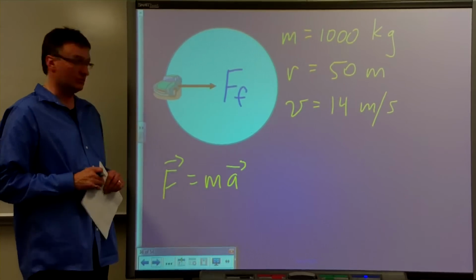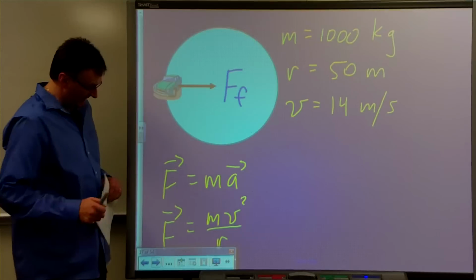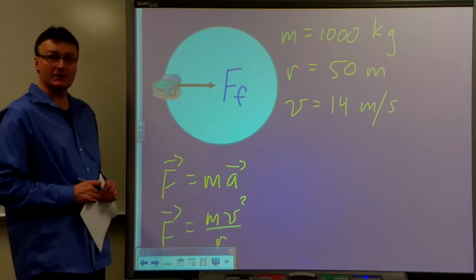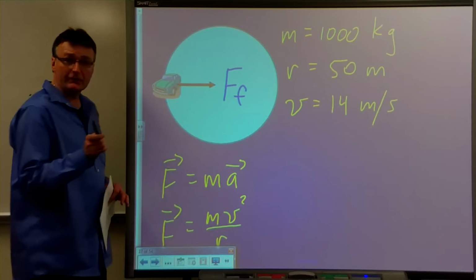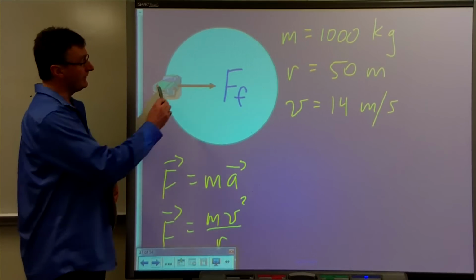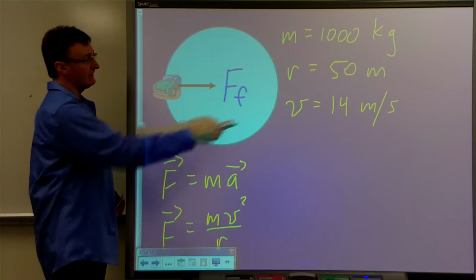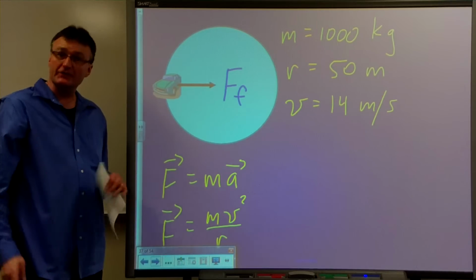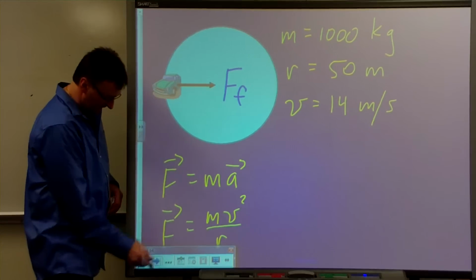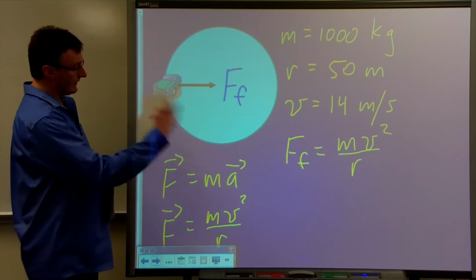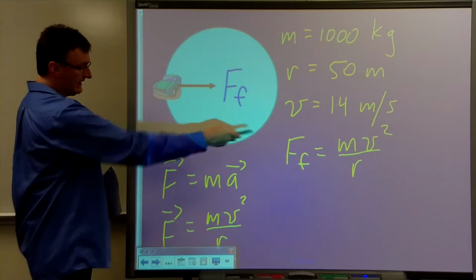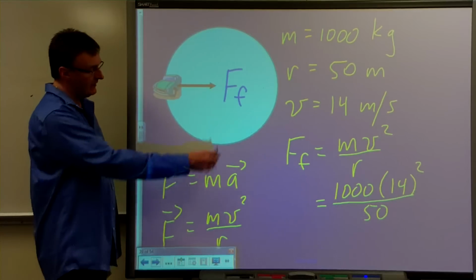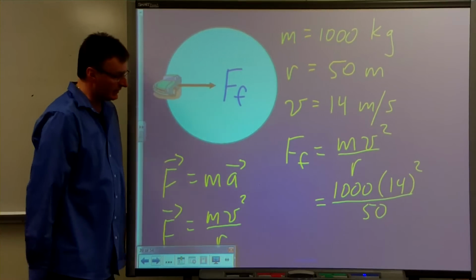And so now we'll go to F equals ma. And again, the force is mv squared over r. So what we'll do first is we'll calculate what force is required in order to keep it moving in that circle. And then we'll see if we have enough of a friction force in order to be able to do that. So the force that we need will be mv squared over r. So we can put those numbers in now. The mass of the vehicle is 1,000 kilograms.